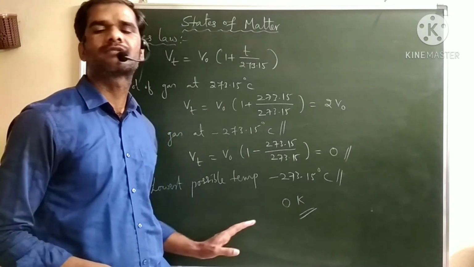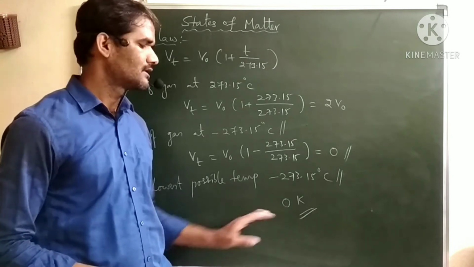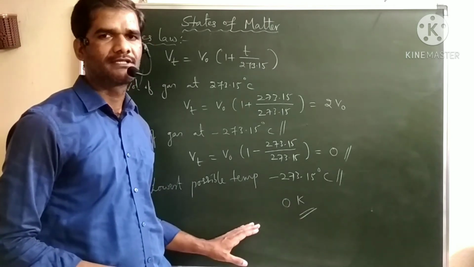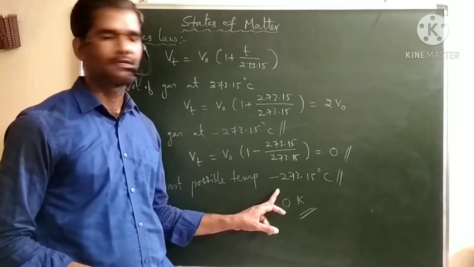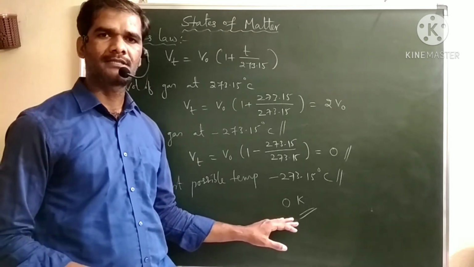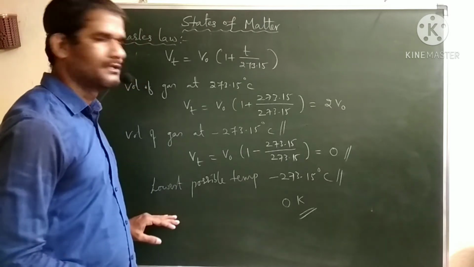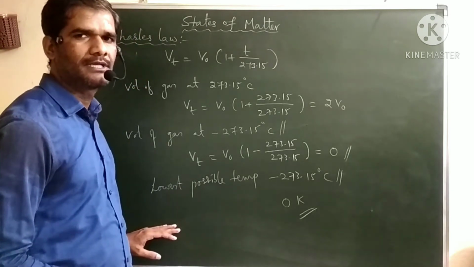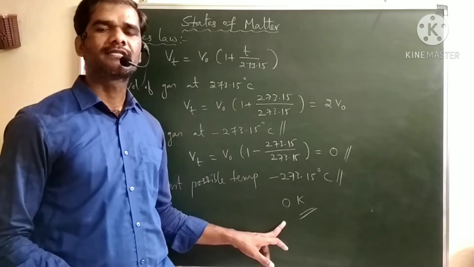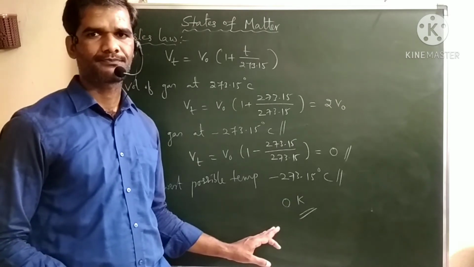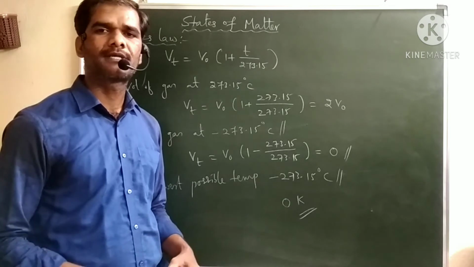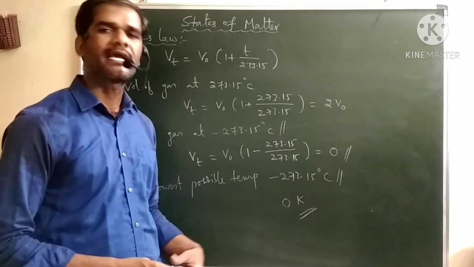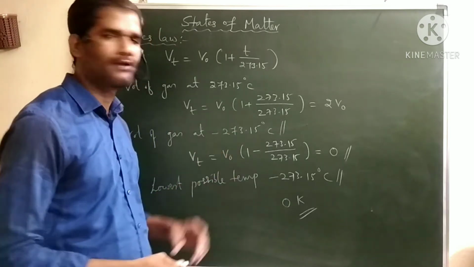There are no negative values on the Kelvin scale; we have negative values only on the degree Celsius scale. Absolute temperature means the minimum possible temperature, the lowest possible temperature in Kelvin, which is 0 Kelvin. We take 273.15 as the lowest temperature because beyond that gas will not exist according to this formula.